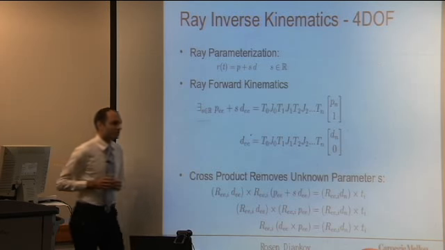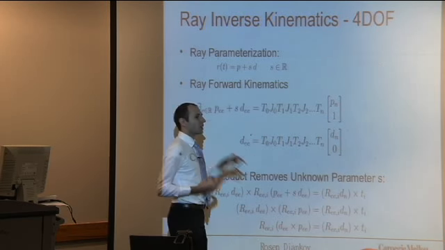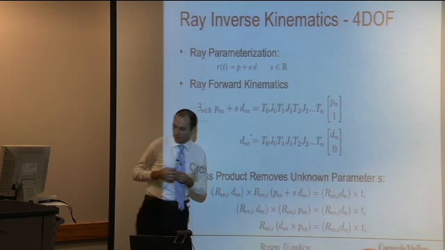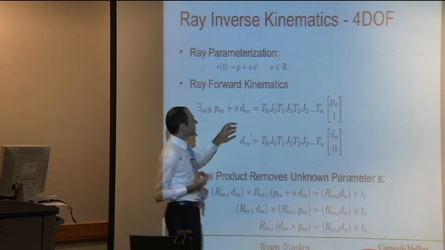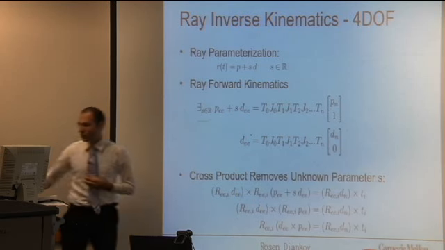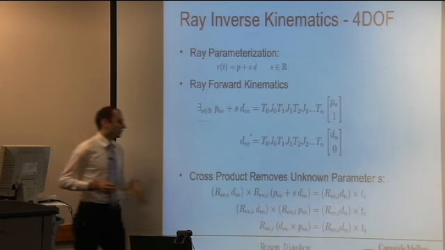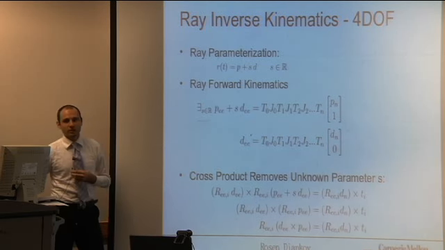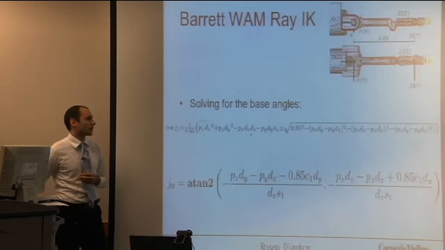This actually turns out to be tricky because a ray is a line, and we don't care about what point on the line we should hit, which means that there's this free parameter here that really gets in the way of solving the equations. And in the thesis, we discuss a particular transformation method to get rid of this parameter and solve the IK.